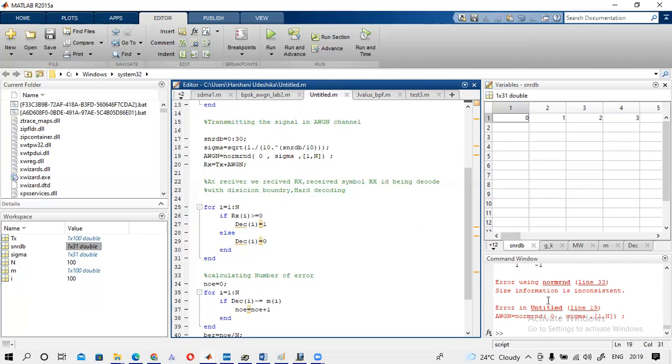Size information is inconsistent. What does that mean? 1 to n AWGN. What is the issue?